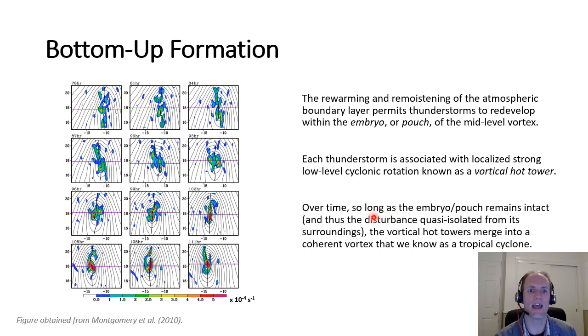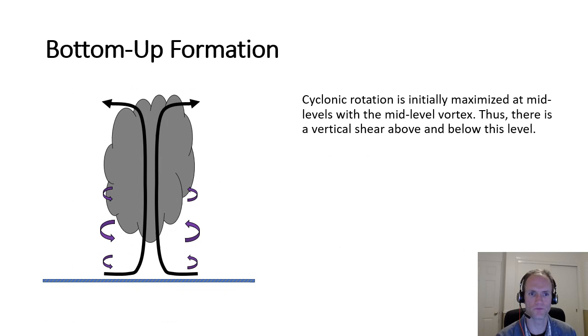So over time, so long as the disturbance remains relatively isolated from its surroundings, these individual vortical hot towers, individual thunderstorm-induced vorticity maxima, merge together into a coherent vortex, this bottom row of images that we see here that we know is our tropical cyclone.